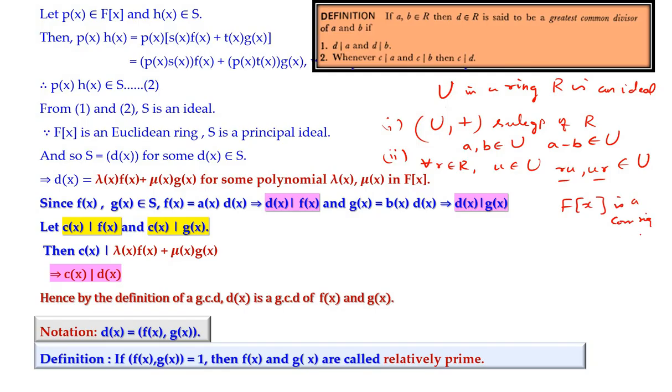So instead of checking both, it is enough you check only one. So because the two conditions for S to be an ideal are true, we have S to be an ideal.